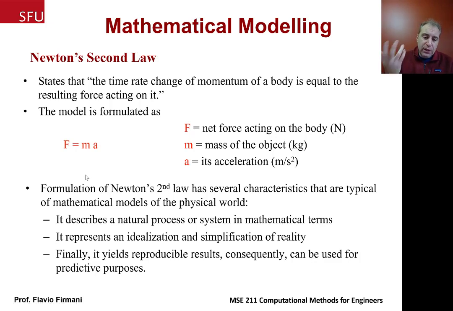Now, Newton's second law has several characteristics that are typical of a mathematical model, and it describes a natural process or system in mathematical terms. It represents the ideal or simplified representation of reality, and finally it yields results that are useful and we can employ to predict what is going to happen in the system.